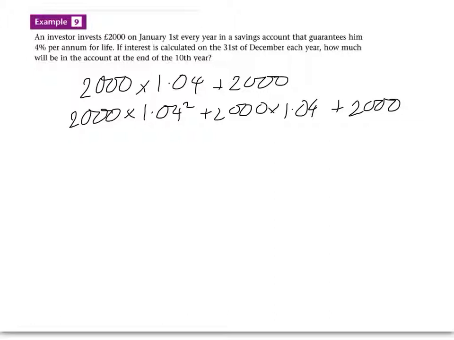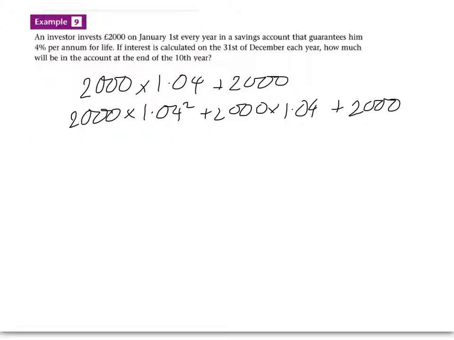Now, it's at the end of the 10th year. We've got to think of this. So at the end of year 10, he will have 2,000 times 1.04 to the 10 plus 2,000 times 1.04 to the 9 plus 2,000 times 1.04 to the 8, and so on down to 2,000 times 1.04.